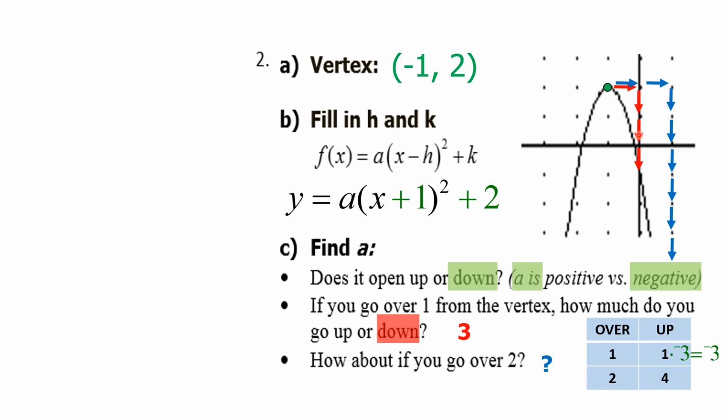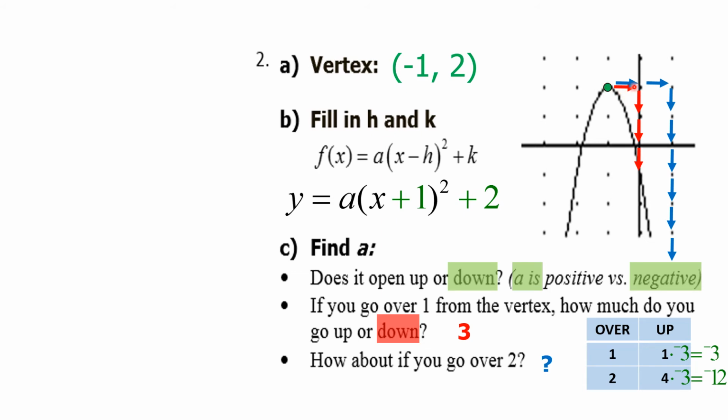1, 2, 3. So here are over and up, which is over and down because this is facing down. We went down 3, so it's 1 times -3, so the output is -3. Okay, this over and up, so it's 4 times -3, so we would go down 12.